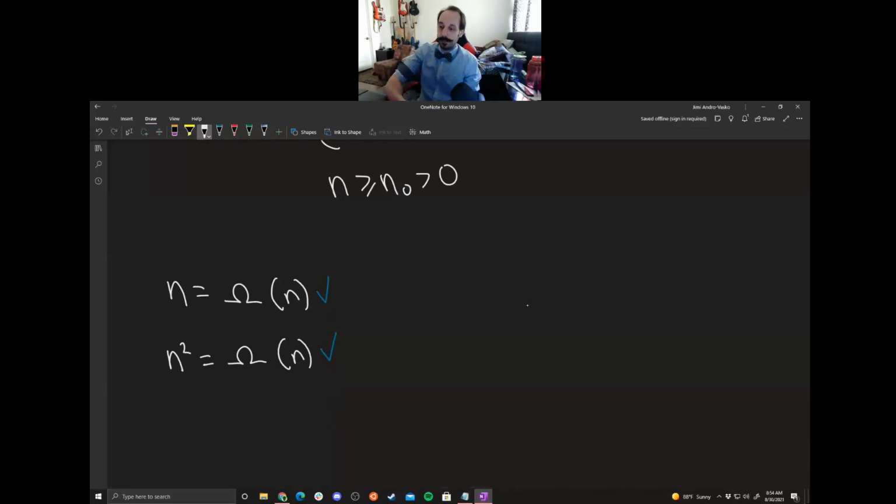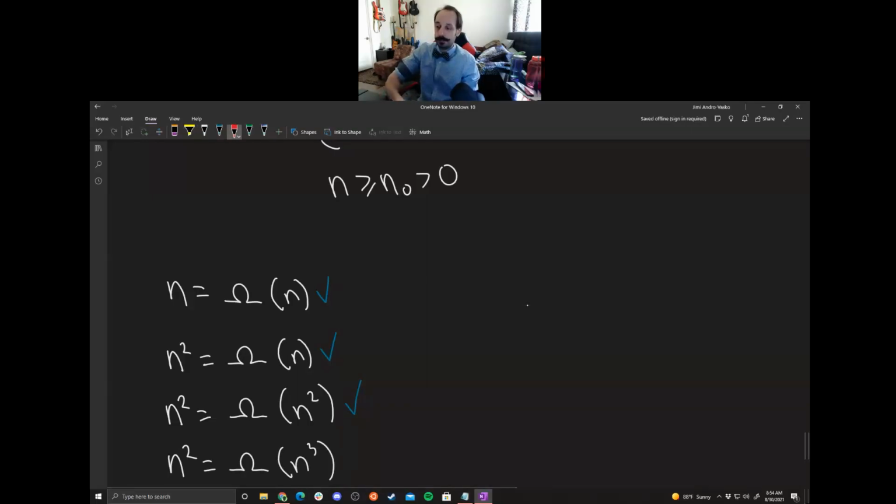So if I say n squared equals omega of n squared, this is also correct, but it's a better statement to make. However, if I say n squared equals omega of n cubed, this would not be correct. Same idea as before, I can pick a very small constant for c, so 1 over a very big number.